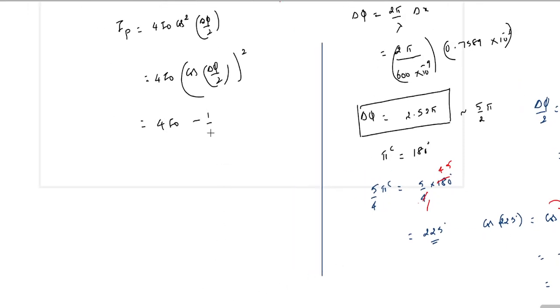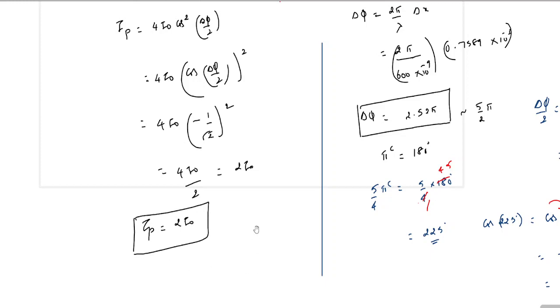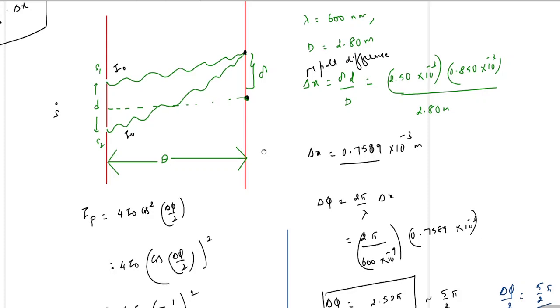So it is minus 1 by root 2 the whole square, equal to 4 I naught. Squaring, minus becomes positive, by 2, it becomes 2 I naught. So at the given point, the intensity is 2 times I naught. This is the intensity at this point.